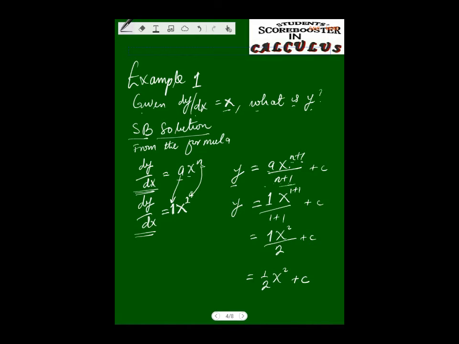So y is equal to 1, x still remains what it is, then 1 plus 1 over 1 plus 1 plus c. If you simplify everything, you have 1x, 1 plus 1 which is 2 over 2, and you have 1 over 2 x squared plus c. That is the final answer, as simple as that.